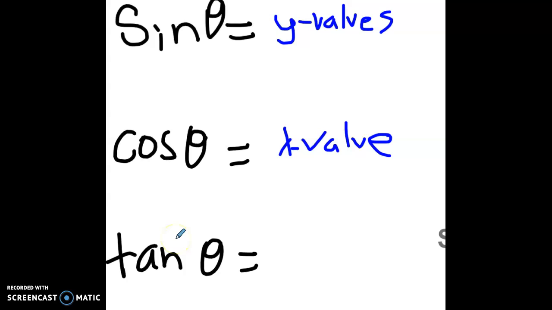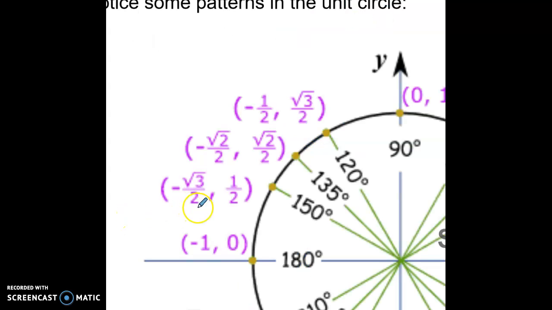Now, the tangent, that's kind of an interesting one, because if you think about the triangle, let's just look at like the 60 one. So the tangent is going to be the opposite side, so that's the y, over the adjacent side, so that's the x. So that's a really easy shortcut to remember, that the tangent is just the y divided by the x.